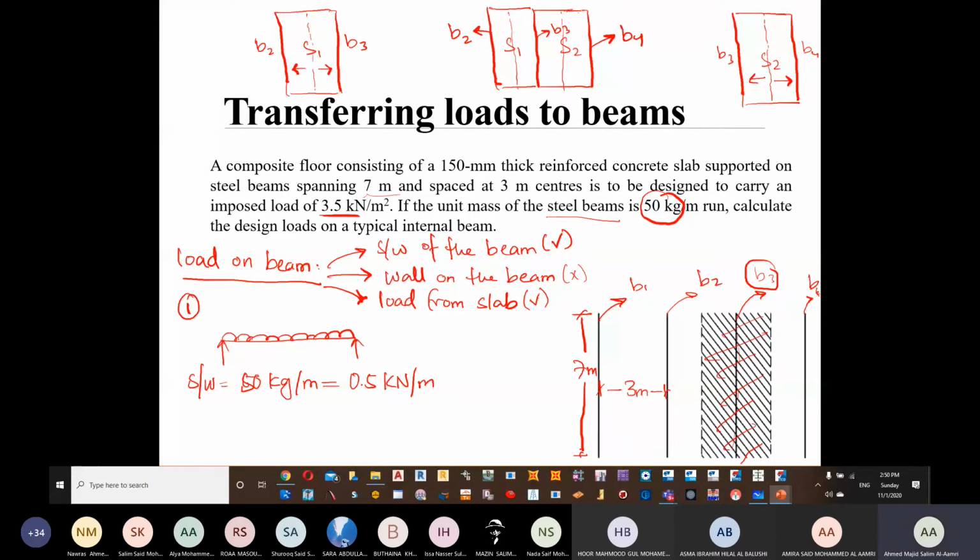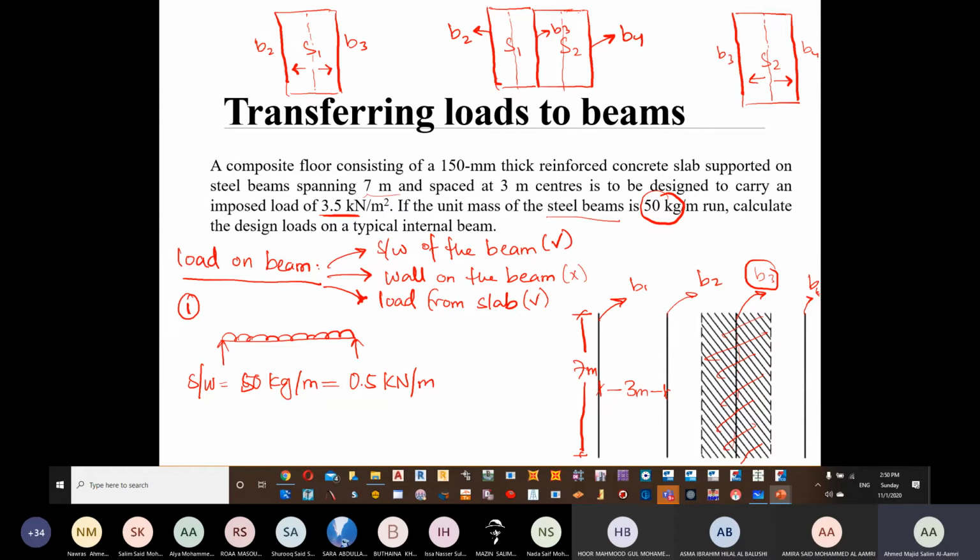The only dead load which is available on the slab is the self weight of the slab itself. Are we clear? The only dead load available on the slab is the self weight of the slab itself.